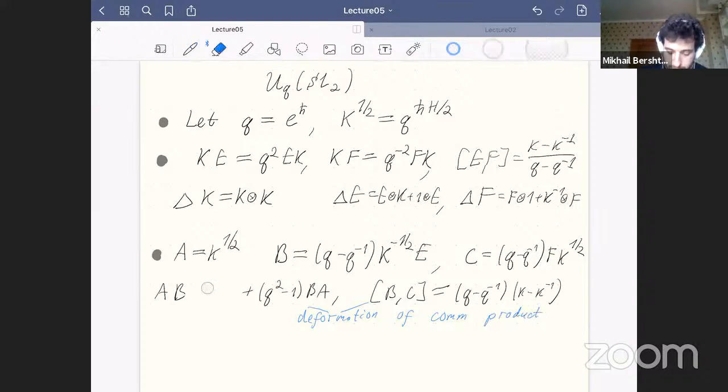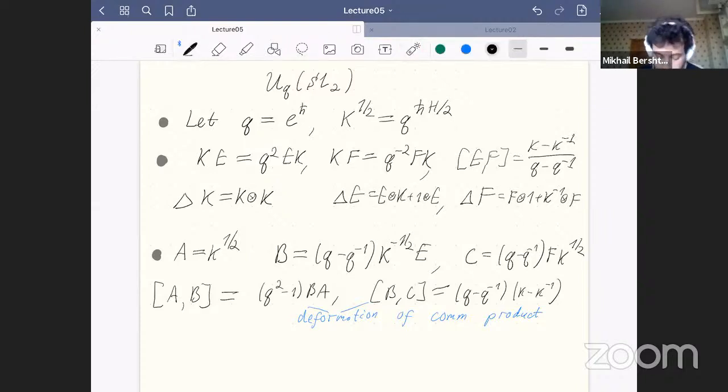I can write this again as a commutator. Of course, I omitted the relation between A and C; equally, for Q going to 1, it goes to 0.